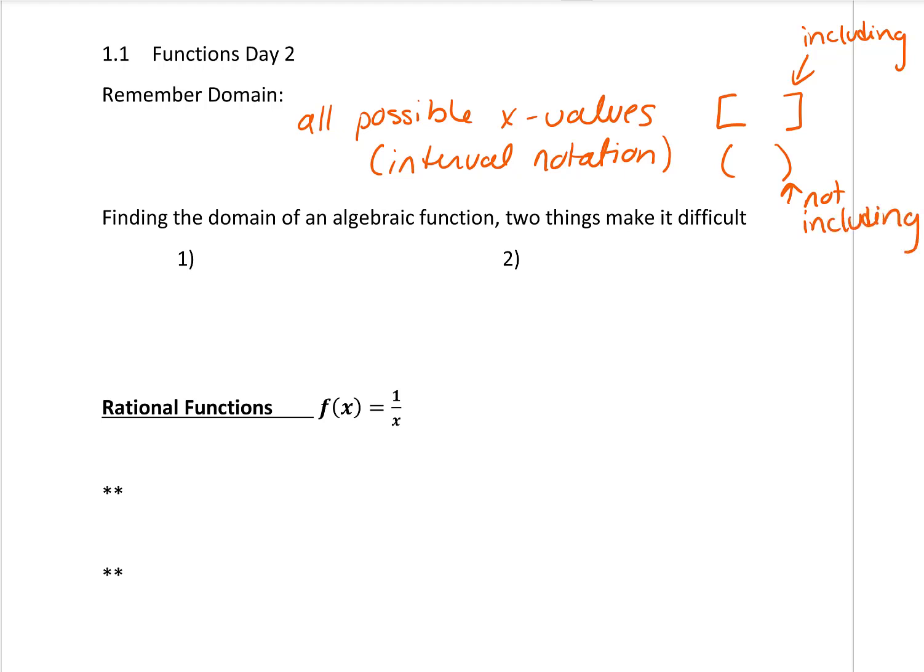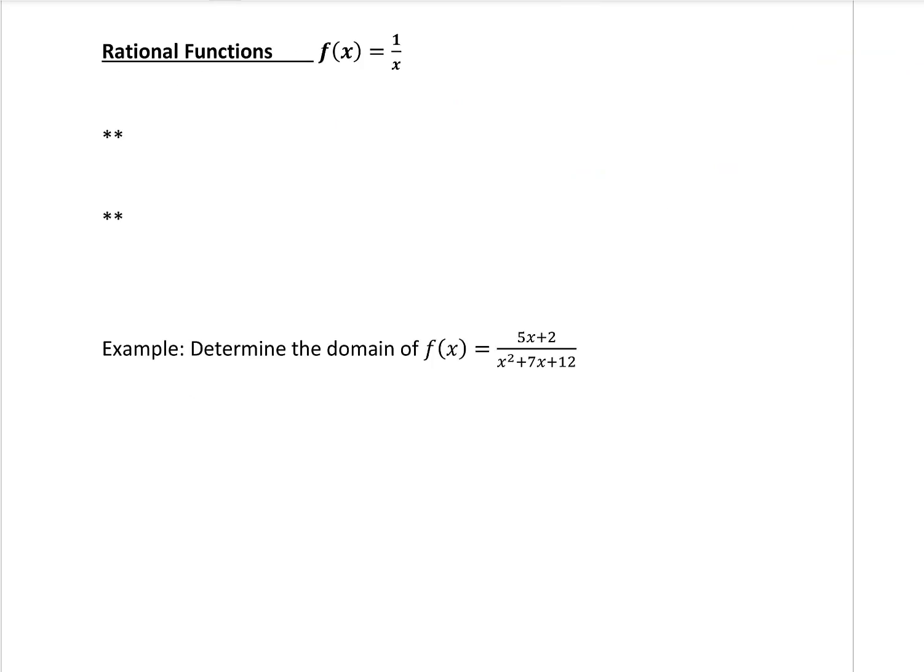Finding the domain of an algebraic function, two things make this difficult for us, specifically fractions and radicals. So I'm going to go through some examples that include those today. Let's look at a rational function. This is a fraction because we have a variable in the denominator.